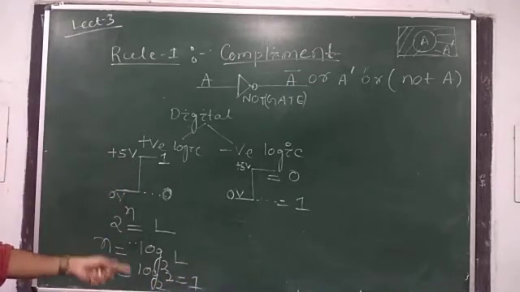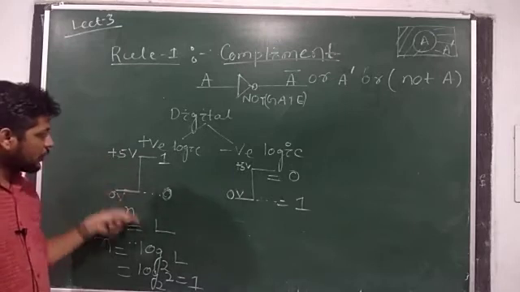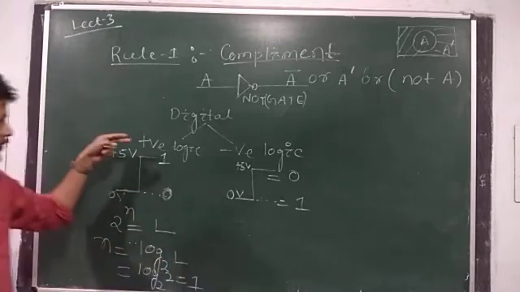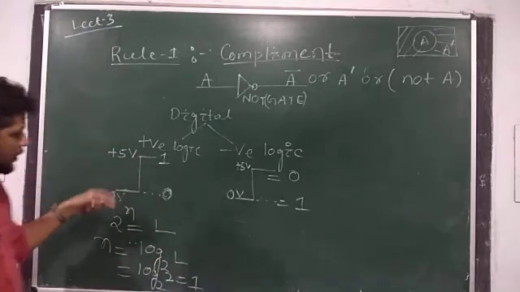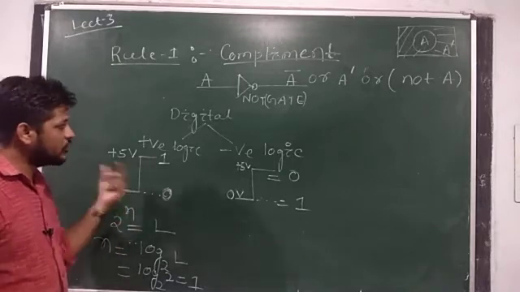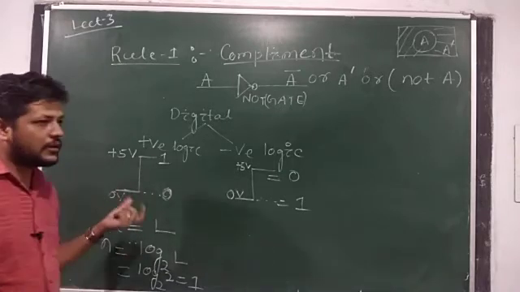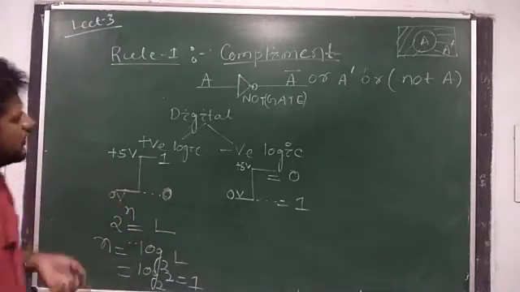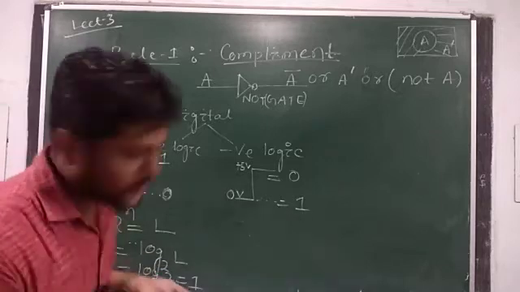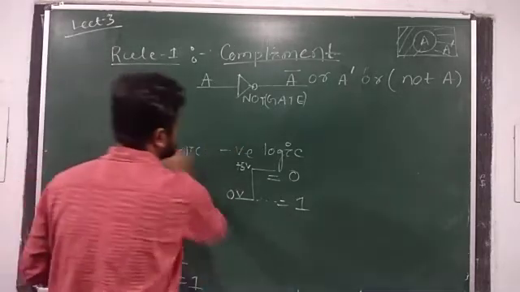So the number of bits required to represent two voltage levels is 1. Similarly, if there are 4 voltage levels, we need 2 bits to represent them, that is 00, 01, 10 and 11.